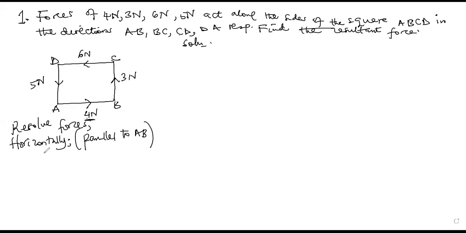So those forces contribute to x. That's why the summation of x is going to be equal to 4 cos 0, which is 4, minus 6. The vertical forces cannot have horizontal components, so for the horizontal components we are just looking at this and this.